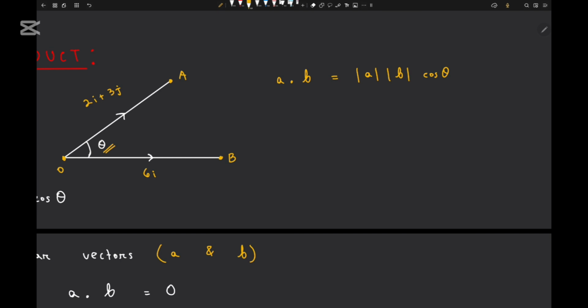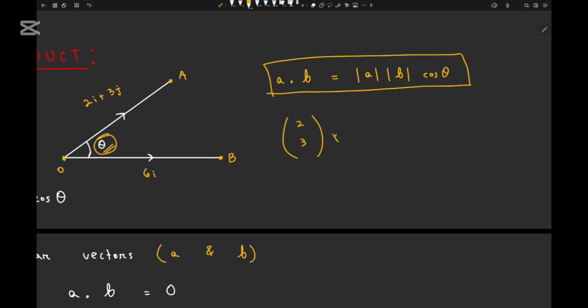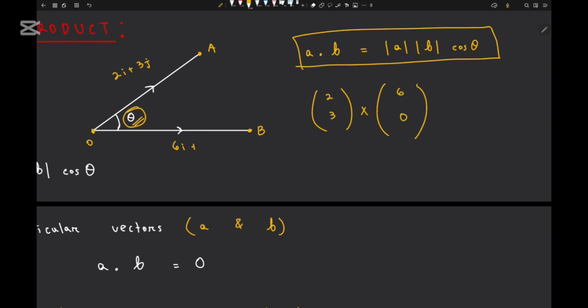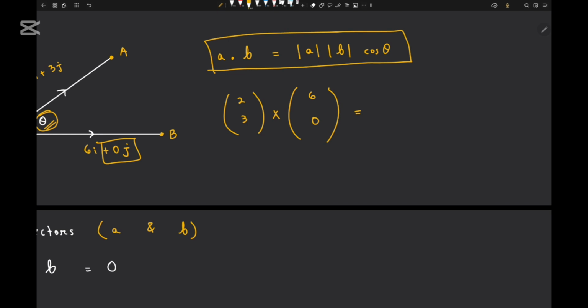Now if I want to find out the angle between these two vectors, I would simply use this formula. That is to multiply the vectors, which is 2 and 3, multiplied by 6 and 0. Why is it 0? It's because there's a 0j in this part. This will be equal to the modulus of the vectors, which is root over 2 squared plus 3 squared, multiplied by root over 6 squared, which is 6, times cos theta.